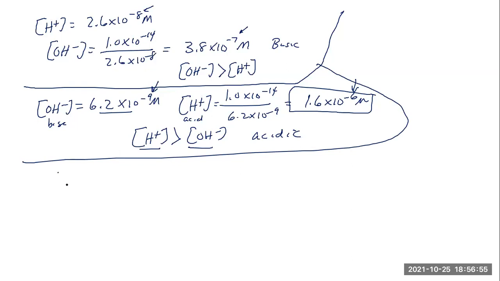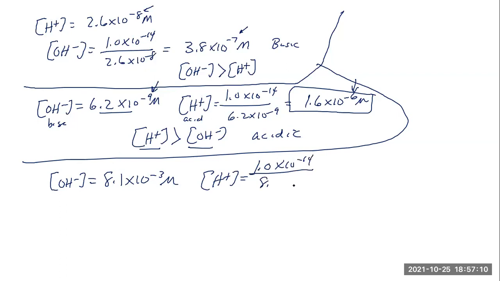And lastly, we have an OH minus concentration that is 8.1 times 10 to the minus 3. Using the same calculations, H plus would be 1 times 10 to the minus 14 divided by 8.1 times 10 to the minus 3. Punching that in the same way, 1 exponent button negative 14 divided by 8.1 exponent button negative 3, we end up with 1.2 to the negative 12 molar.